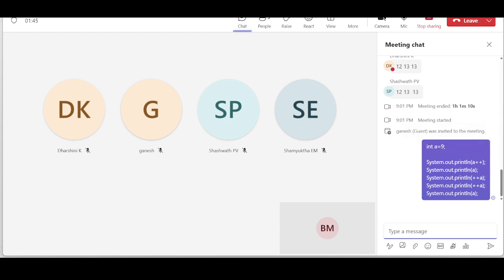There are 5 println statements. It means 5 values need to be displayed in the console. You should think what value will be manipulated inside the memory. Think and tell me. The value of a keeps getting manipulated, updated, and at the same time, five values will get displayed in the console. What are those five values? Try to give it a try.